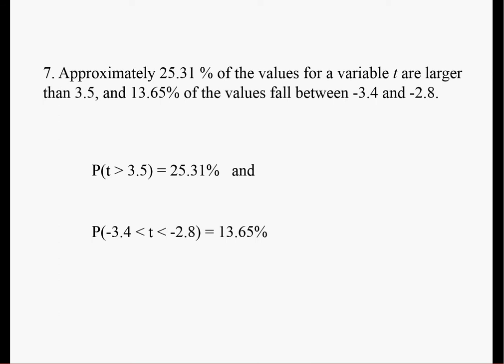You know, the value negative 3.4 is smaller than the value of negative 2.8. That's why we place the negative 3.4 to the left and the negative 2.8 to the right. And then we use the inequality sign to connect them to express this interval, the t fall between these two values.